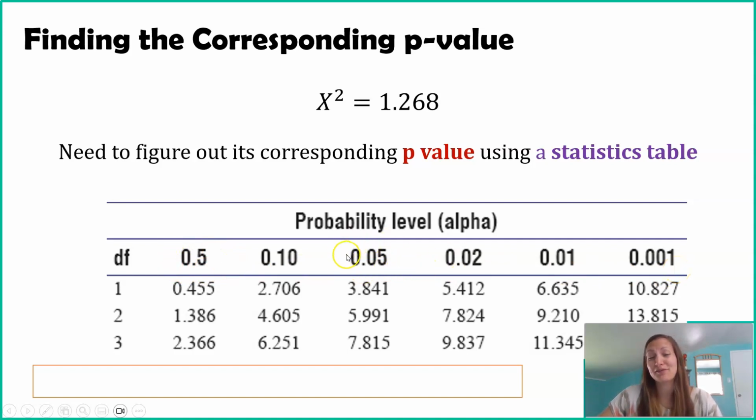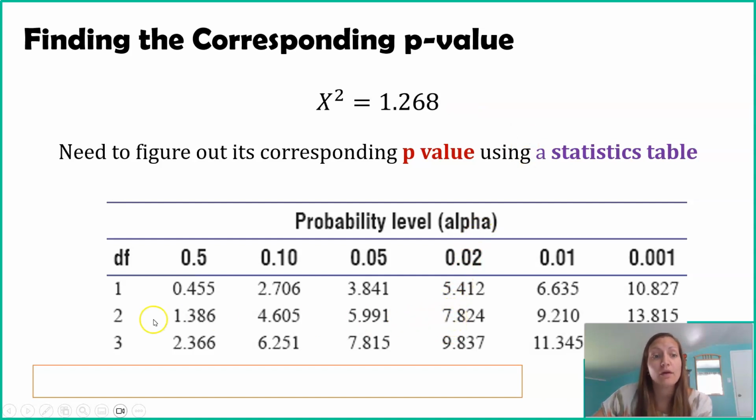Remember that 0.05 is kind of the industry standard. So that's along the top. Along the side are DF, or degrees of freedom. And then all these numbers in the middle here, these are all chi-square values. So what you're trying to do is figure out where your chi-square value is in this table.